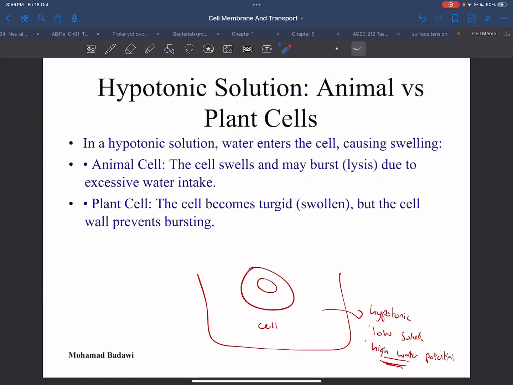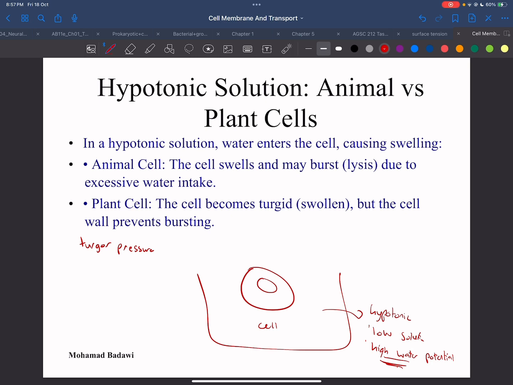Now what if I place a plant cell? If we look closely, the cell will become turgid and swollen, but the cell wall, a very important note, is what prevents it from bursting. Why is that? Because we have a pushing force against the cell wall we call turgor pressure.